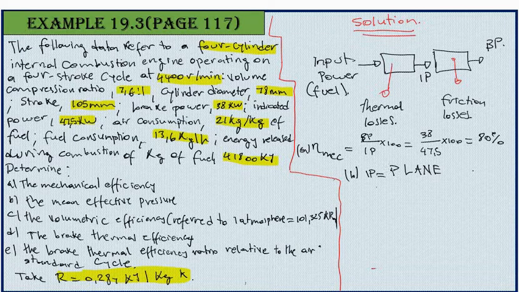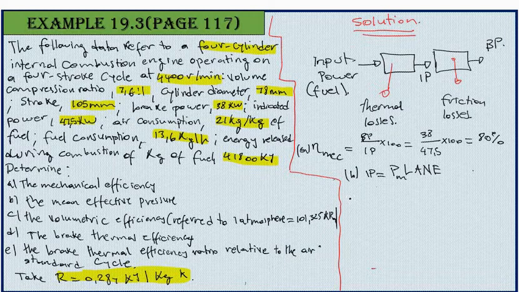That P represents the mean effective pressure. L is the stroke and A is the area. It's basically the area of the piston, which can be determined from its diameter. N represents the rotational speed and E represents the number of cylinders.